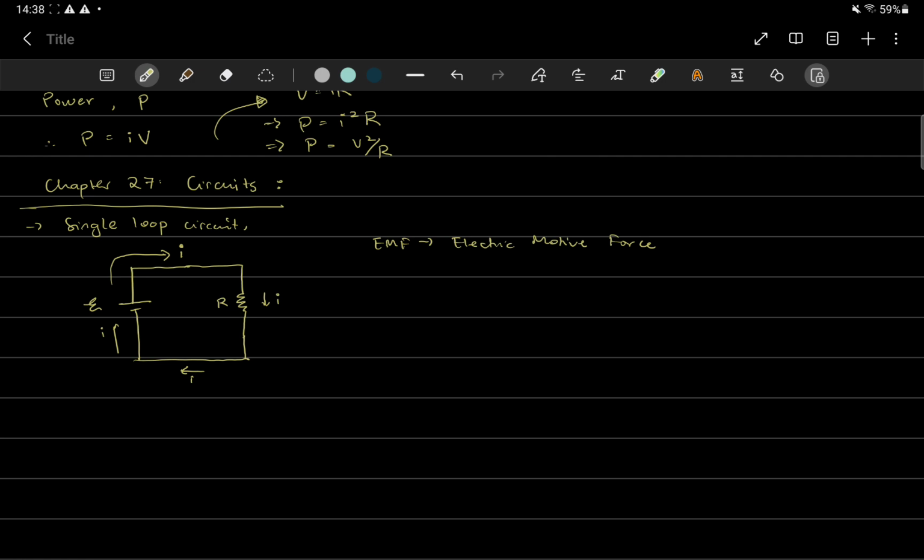Okay, and the way we define EMF is via this notation. Since it is sort of like an energy that is pumping the charges, it means it is producing energy. Basically EMF is some energy that is given to the charges to move, right? So if you have more charges to be pushed, then you would require more energy, right?